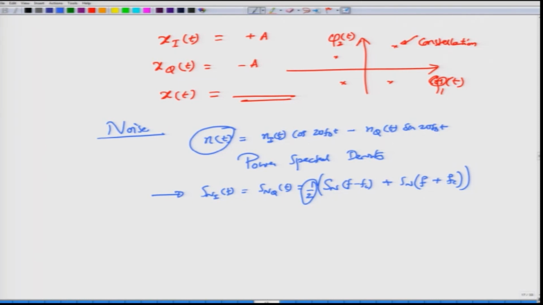Okay. So, that is something that you should know, and you should also know that we are mostly going to deal with noise which is Gaussian in nature. Okay.